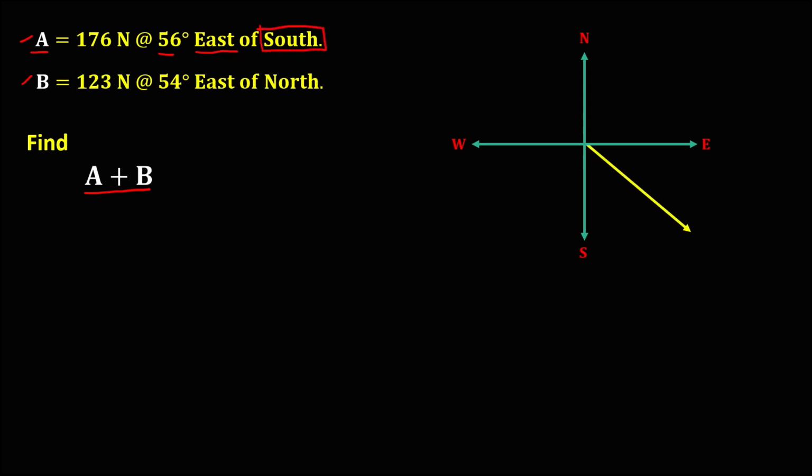So for vector A, the angle must be in the south, and this one is 56 degrees. Then for vector B, 54 degrees is north. So for vector B, the angle must be in the north, and this one is 54 degrees.